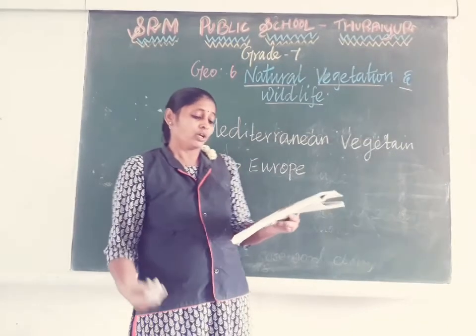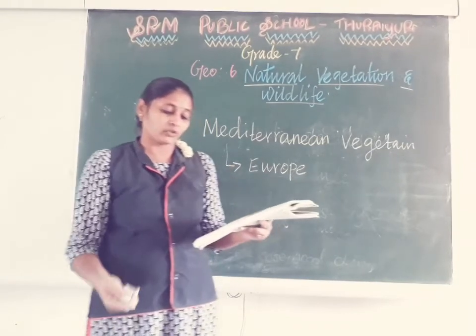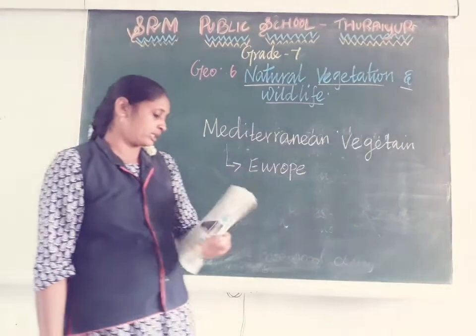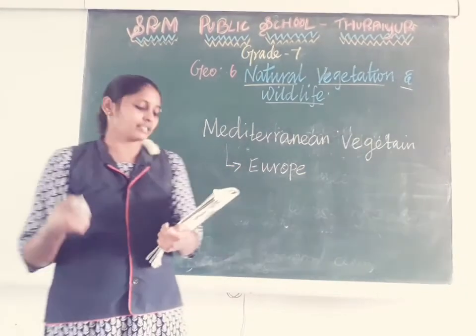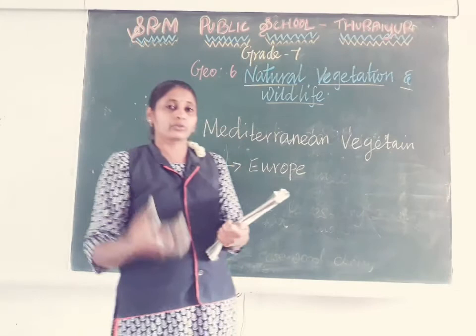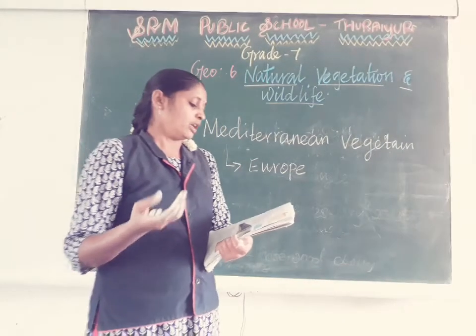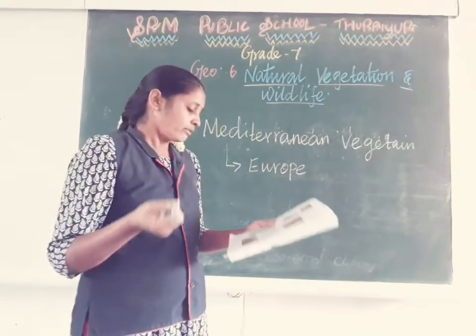Even we have Africa and Asia also where we can see this forest. What type of vegetation we can see in this forest means citrus fruits. Okay, citrus fruits will grow much in this forest, like orange, fig, olive, grapes. Okay, these all will grow in this forest very much.